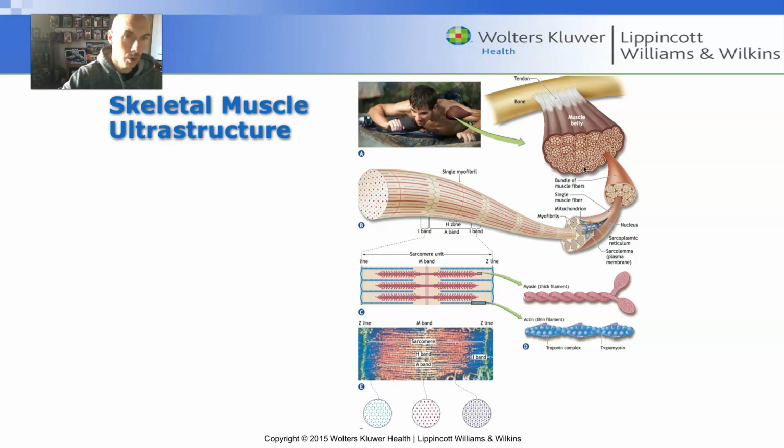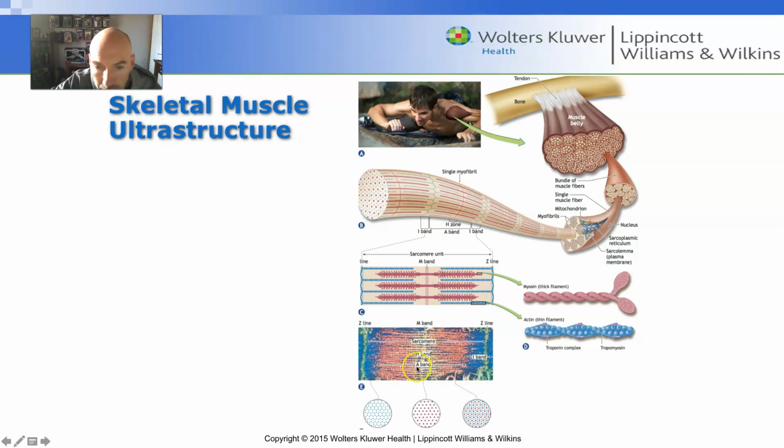Now we're going to get into more of the physiology here shortly, but it's kind of impossible to talk about the anatomy without throwing in some physiology at the same time. If we come back down, this is a picture using an electron microscope that shows what it actually looks like inside the body.